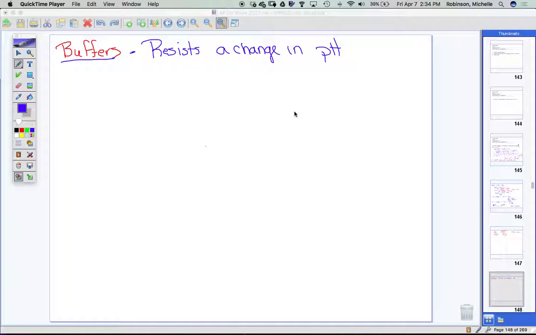What makes up a buffer is it has to be a pair. It has to be a weak acid with a salt that contains that weak acid's conjugate base. Okay, if that makes any sense.